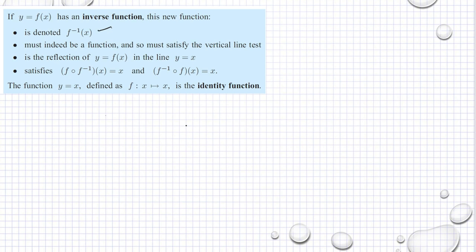It is the reflection of y is equal to f of x in the line y is equal to x. It also satisfies that the composite function of the function and the inverse should be equal to x. And we did that. Okay, let's try some more examples.